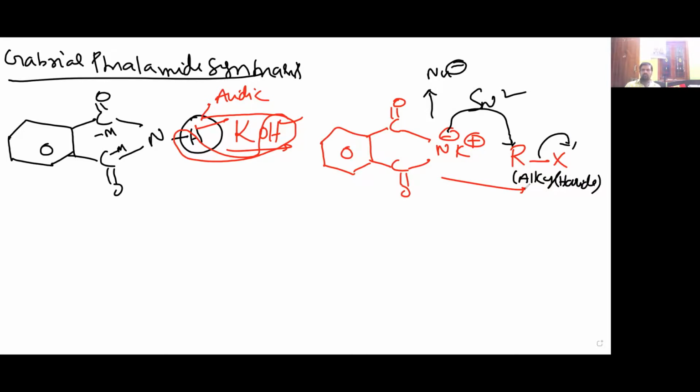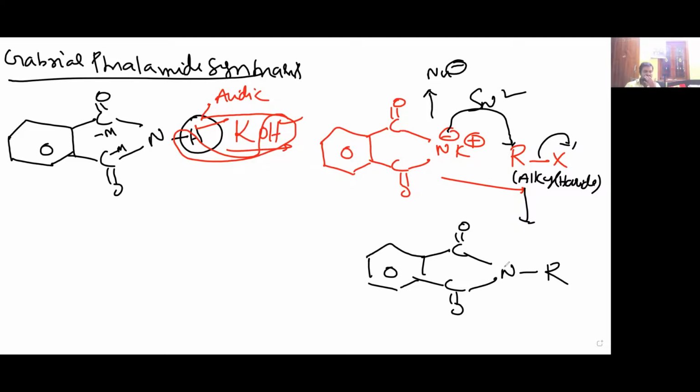It is an SN2 reaction. Then what will be the product? This is C double bond O, C double bond O, N R. This is called an N substituted amide.